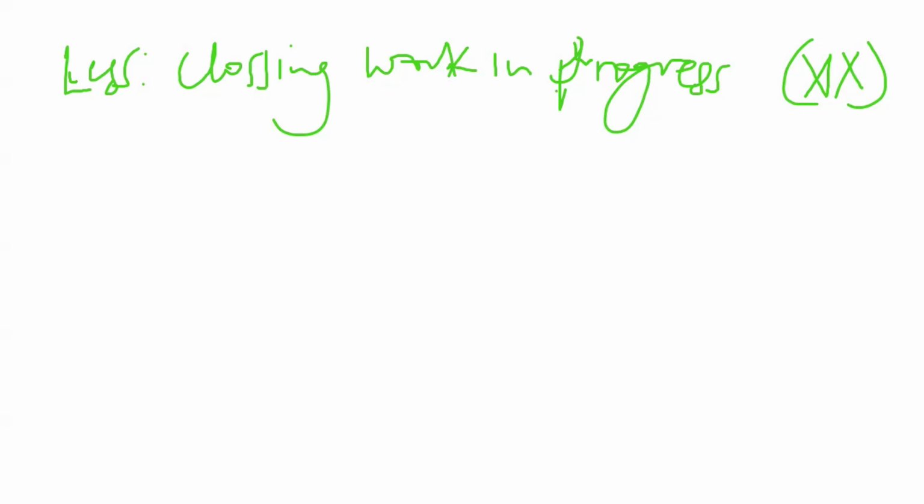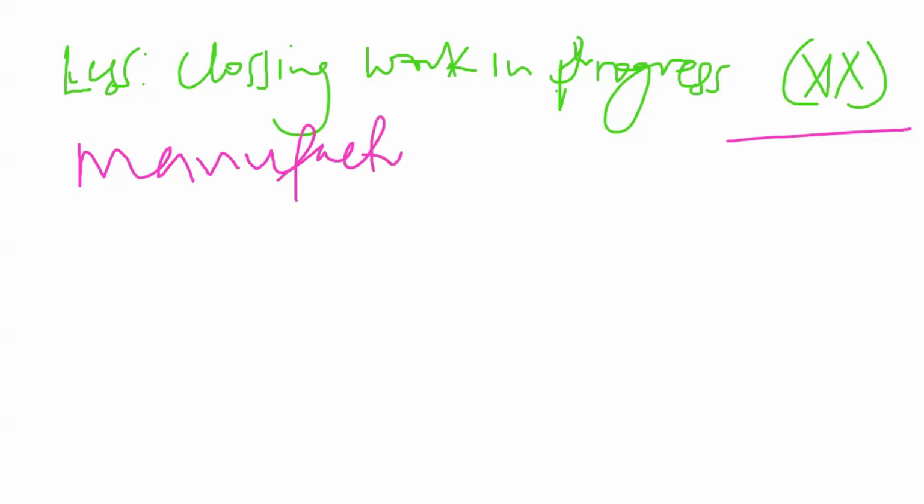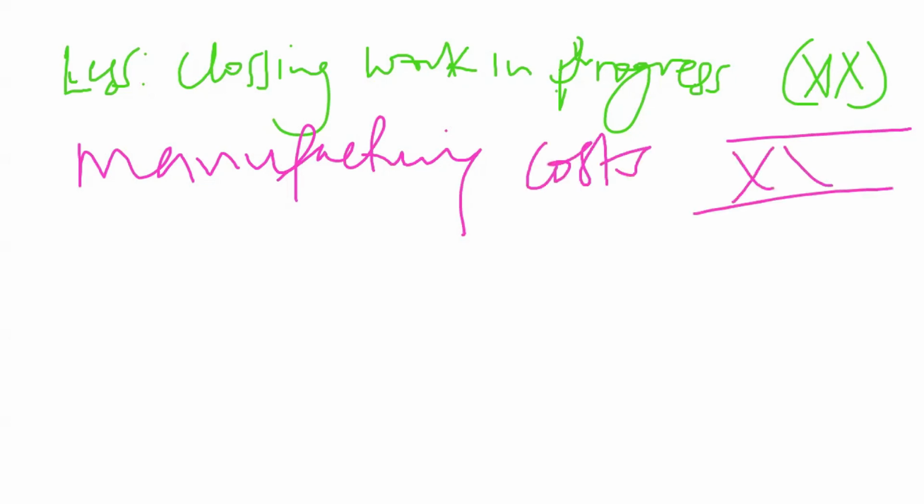So the format goes to that point. Now, after getting these values, what we get is what we call the manufacturing cost. Whatever we get here is our manufacturing cost.